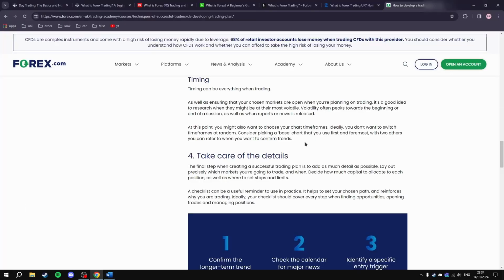Timing. Timing can be everything when trading, as well as ensuring that your chosen markets are open when you're planning on trading. It's a good idea to research when they might be at their most volatile.